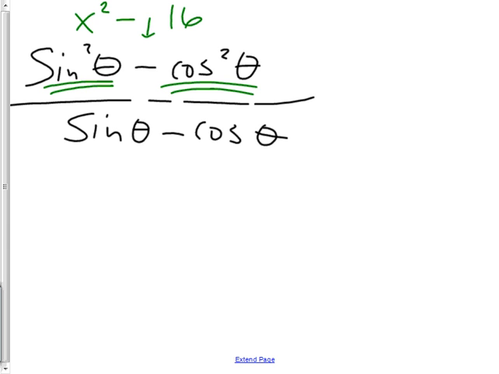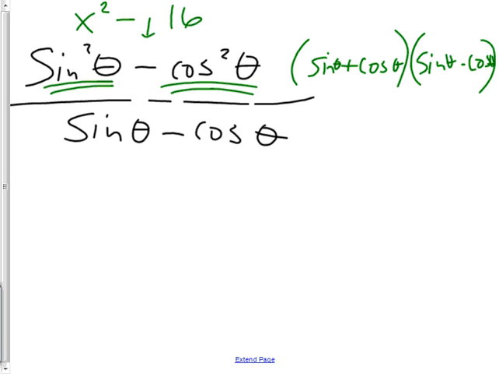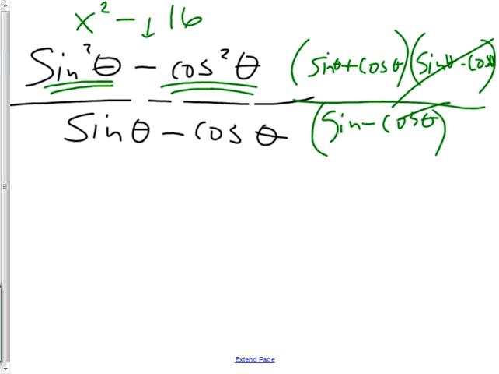Same thing. This would factor into sine plus cosine and sine minus cosine, all over what's on the bottom, sine minus cosine. And then look, they're the same. That cancels that.